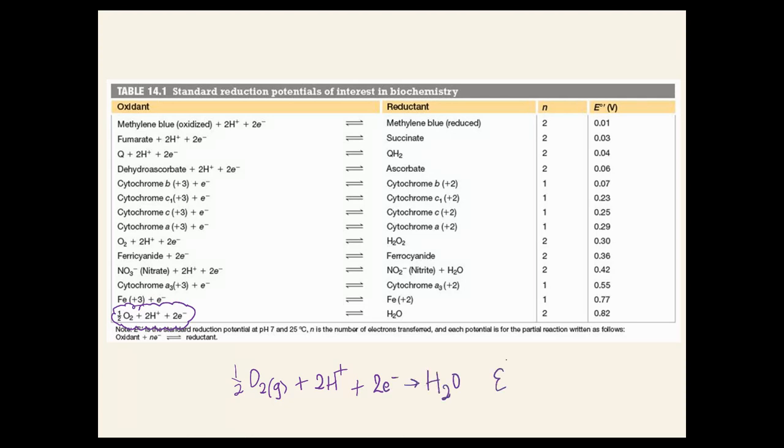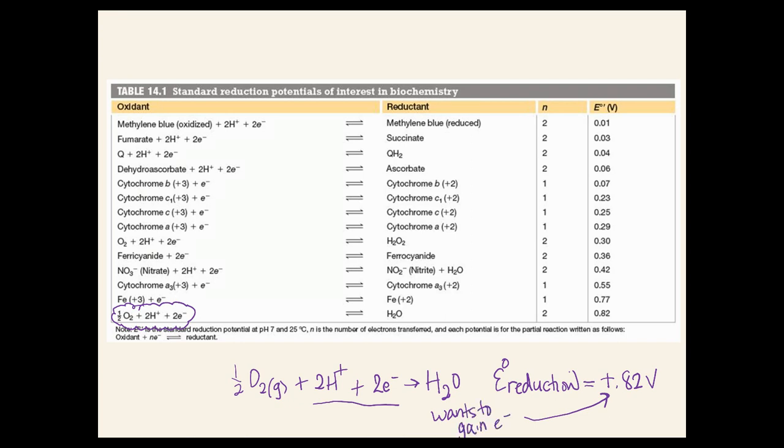And the potential for that reduction, now why is it a reduction? Gain of electrons. That is plus 0.82 volts. When it has a positive reduction potential, it means it wants to gain electrons.